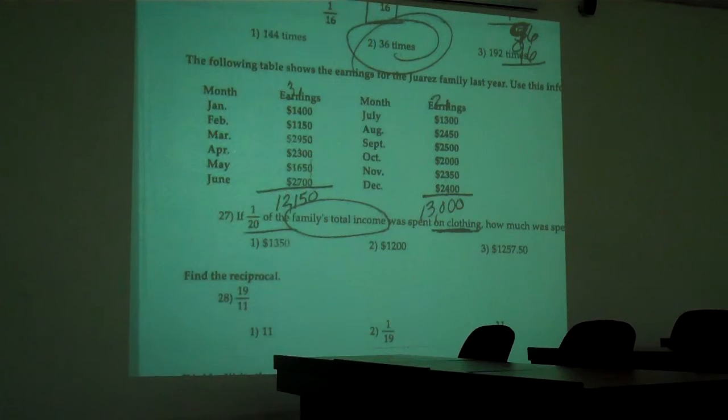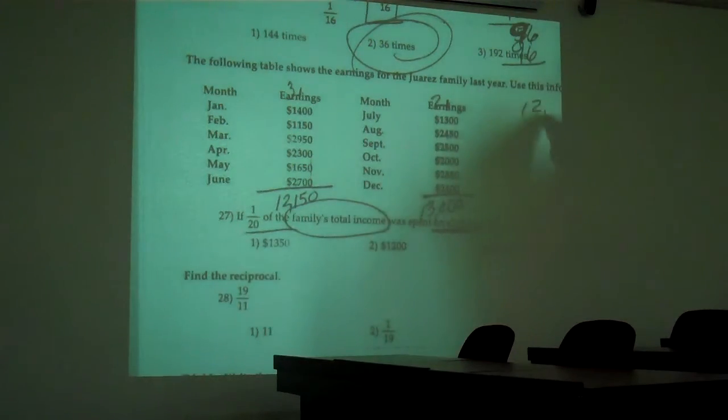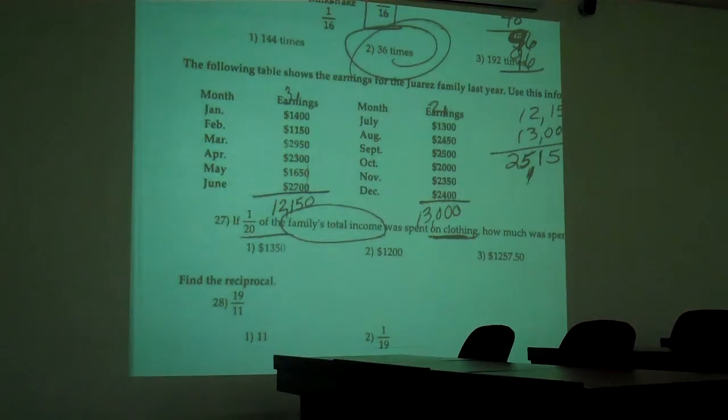You haven't added it yet? Then we have to add both of those columns up to get the total income for the year. And I'm hoping that's right. I've got 25,150 for the total income.